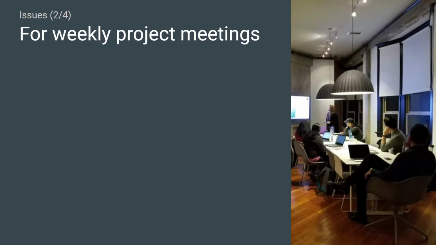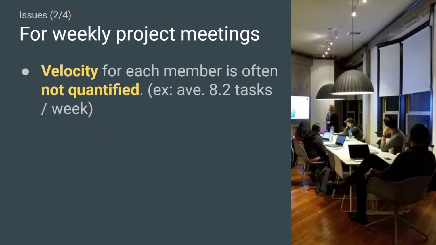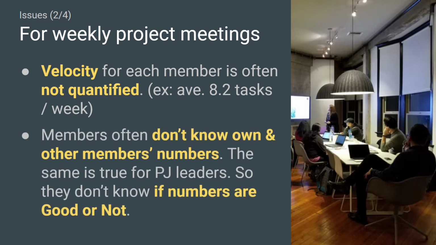For weekly project meetings, velocity, as I said before, for each member is often not quantified. For me, it was an average of 8.2 tasks per week or so. But members often don't know their own numbers or other members' numbers.